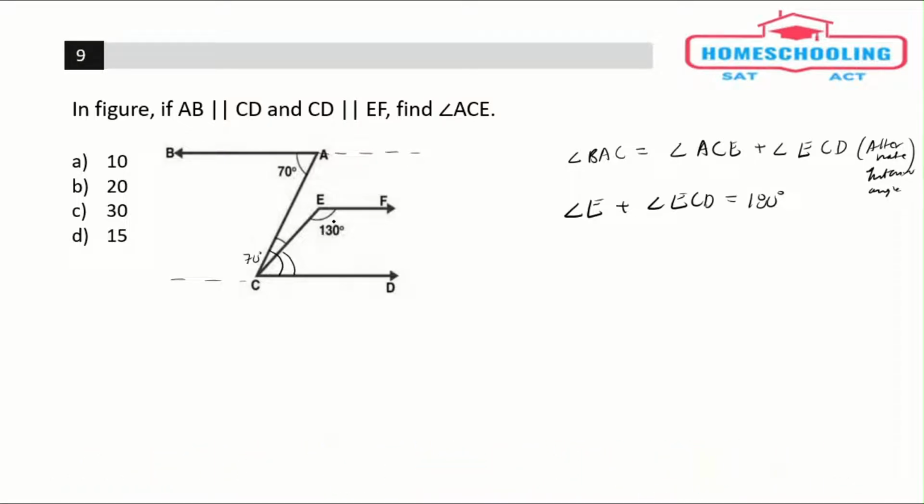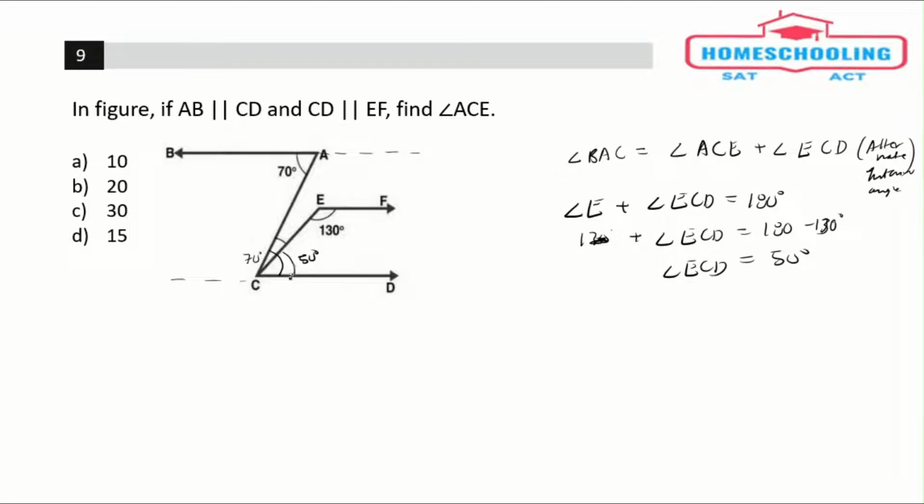So if angle E is 130 degrees, angle ECD would be 180 minus 130, that would be 50 degrees.